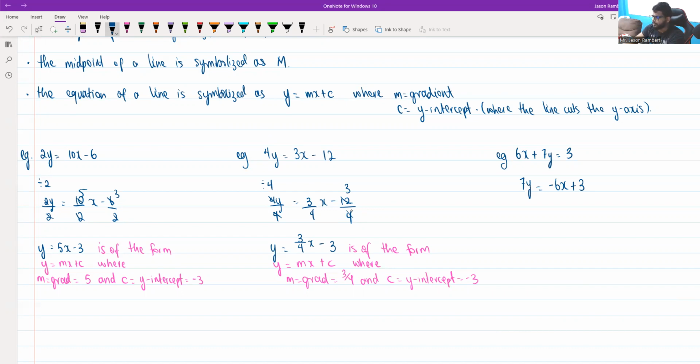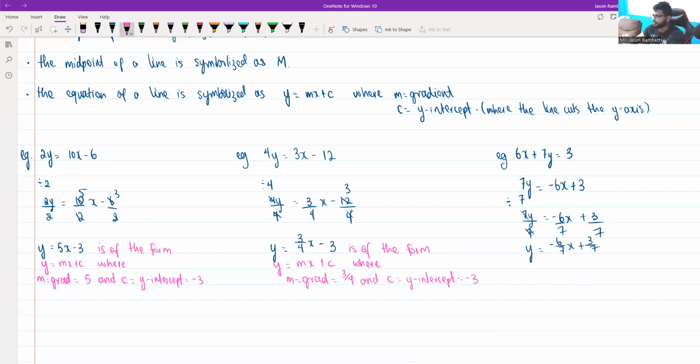Then I'll divide by what? 7. Very good. I get 7y over 7 is minus 6 over 7x plus 3 over 7. Nothing could simplify except the first one. The 7 cancels, and I get y is equal to minus 6 over 7x plus 3 over 7.